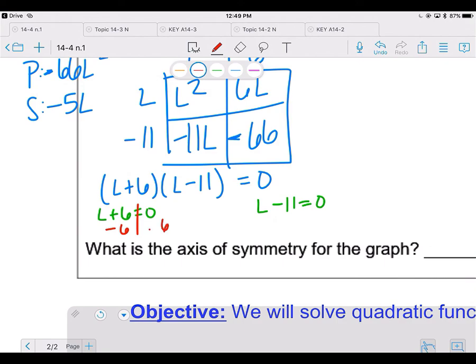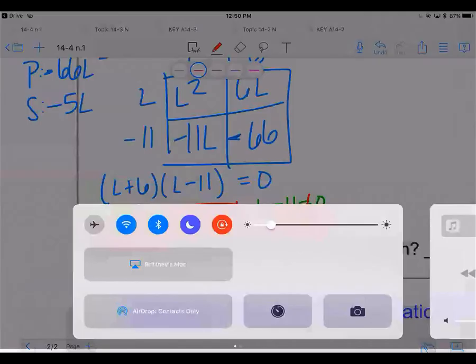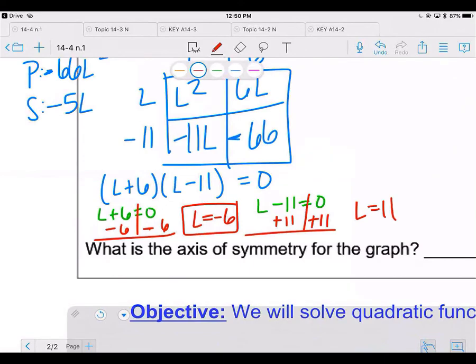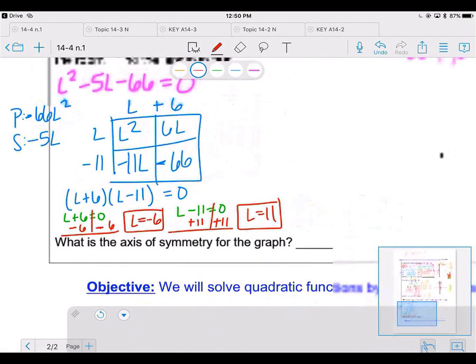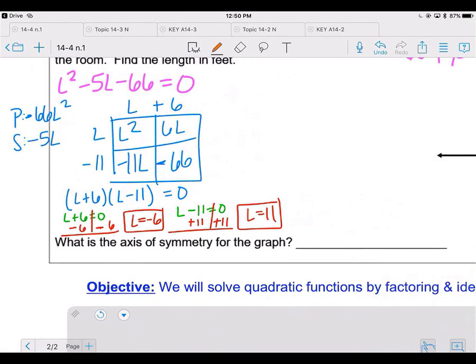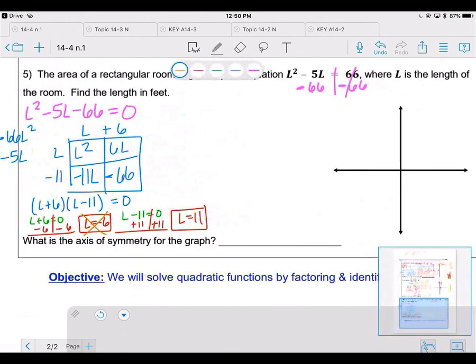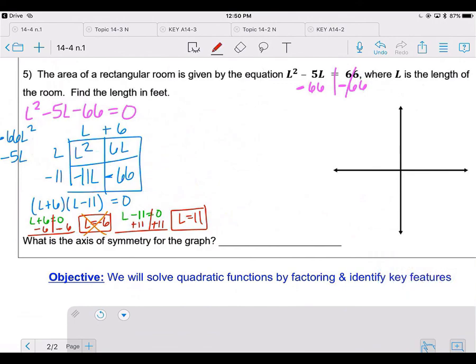Minus 6, minus 6. So length is negative 6, or plus 11, plus 11. Length is 11. Now remember, we talked about on 14.3 with real world situations, length and width, you cannot have negative answers. So for my real world answer, my length is 11 only.